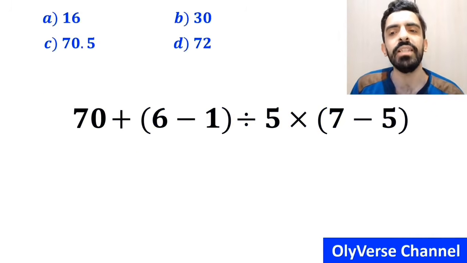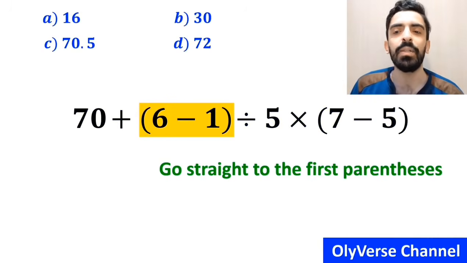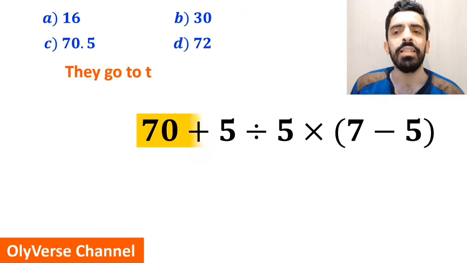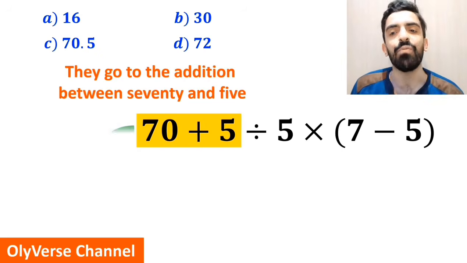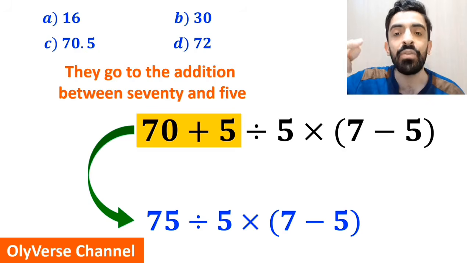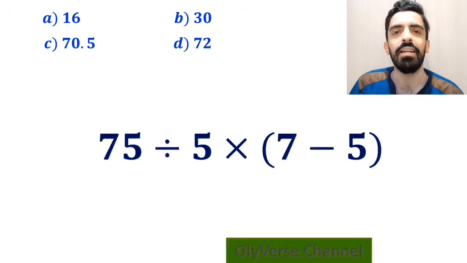Many people, when solving this question, go straight to the first parenthesis and simplify the expression to 70 plus 5 divided by 5 multiplied by 7 minus 5 inside the parenthesis. In the next step, they go to the addition between 70 and 5 and simplify to 75 divided by 5 multiplied by 7 minus 5 inside the parenthesis.